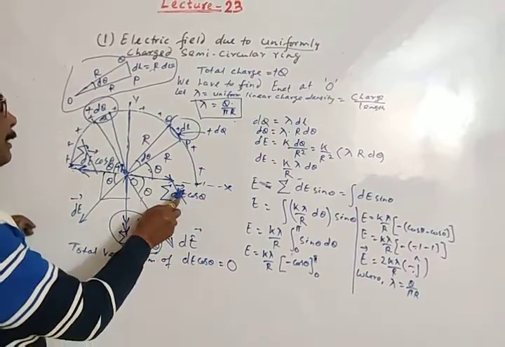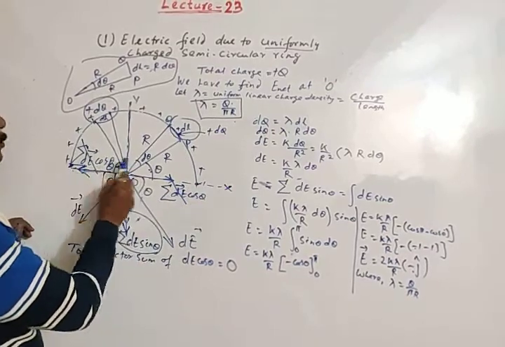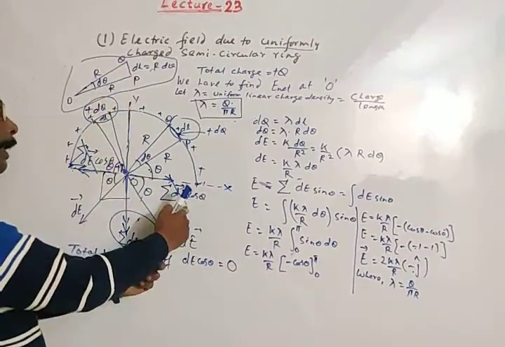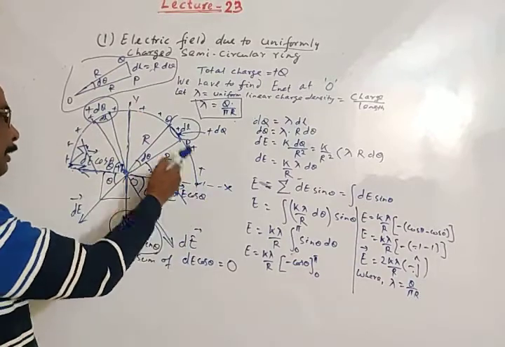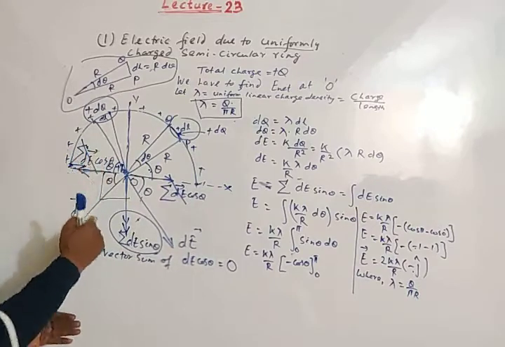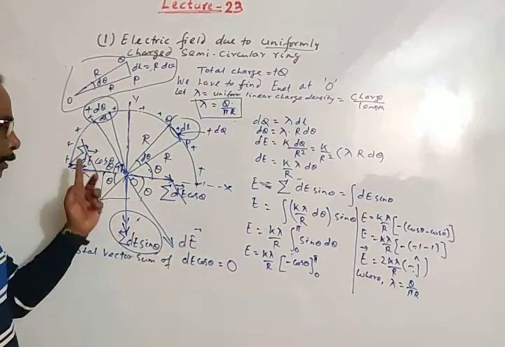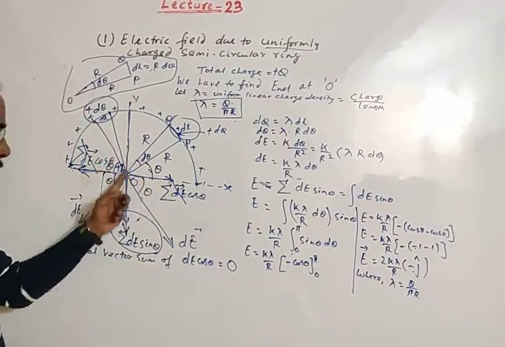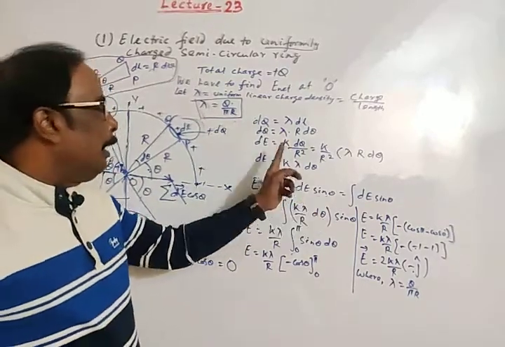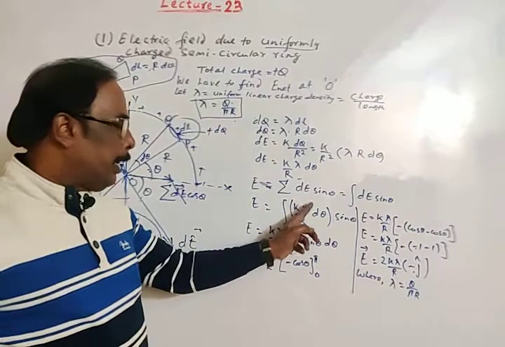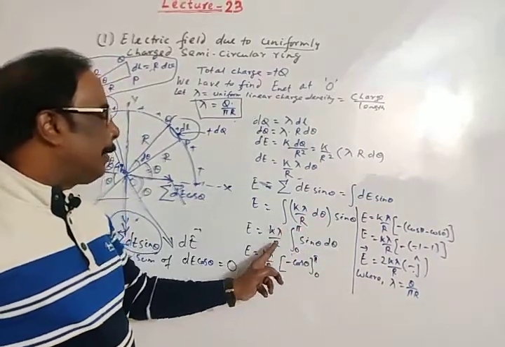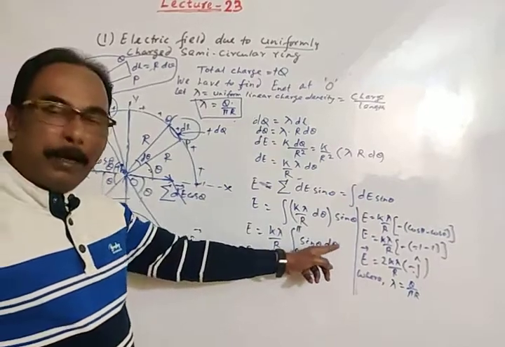And dE cos theta along the positive x-axis due to this side is the sum of dE cos theta; due to this side, along the negative x-axis, the electric field is the sum of dE cos theta. Then they cancel each other. Then the resulting electric field is the sum of dE sin theta. In place of dE, put k lambda by r into d theta into sin theta. Then k lambda by r times the integration of sin theta d theta.